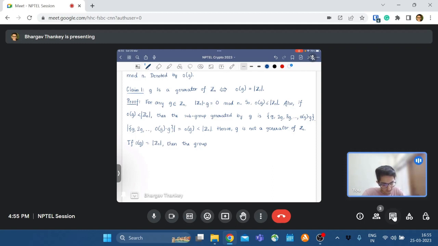So if the order of g is the size of Zn, then the subgroup generated by g is g, 2g, up to size of Zn times g.